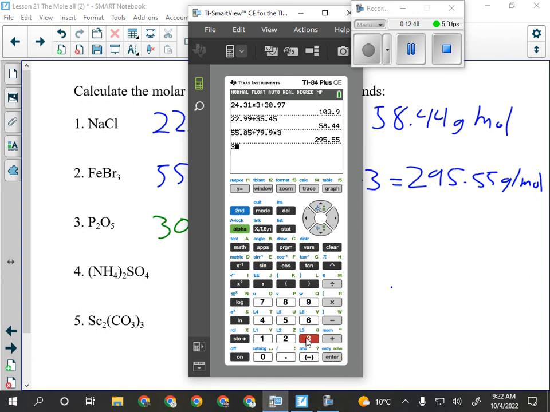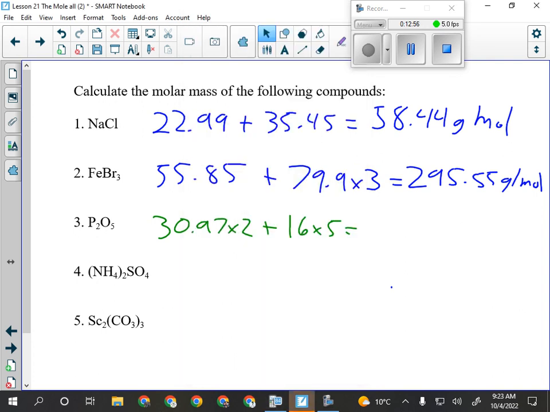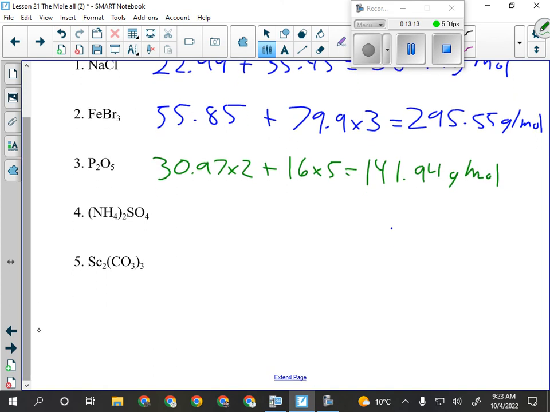So 30.97 times 2 plus 16 times 5 is 141.94 grams per mole. How many people have done all 5? I'll give you one more minute here and then we'll go through the last 2.